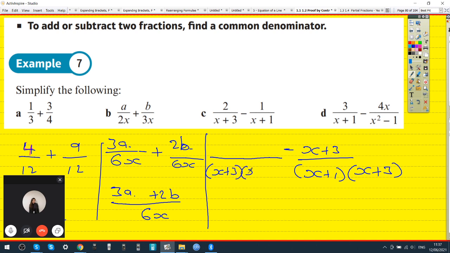And then the top becomes x plus 1 times 2. And then we can simplify. Oh no, we can divide. So you get rid of the x plus 1s.